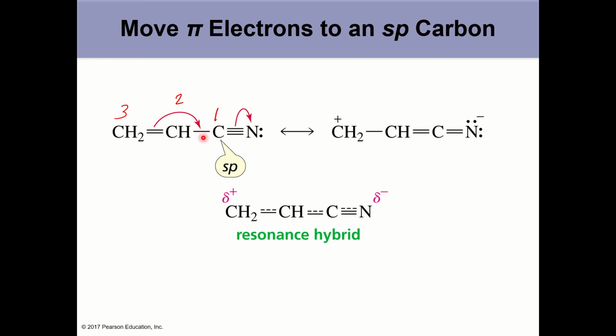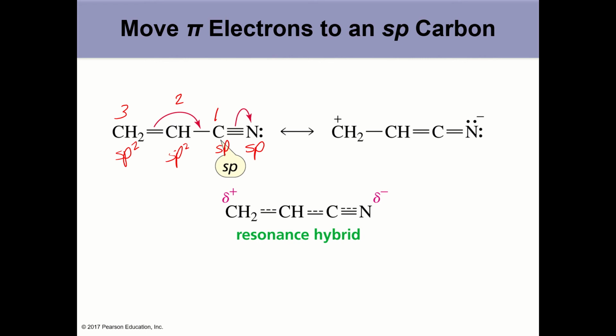Once we move the pi bond to between carbon 1 and 2, carbon 1 will exceed an octet unless we move the pi bond between carbon and nitrogen to the nitrogen. So we have an sp3 carbon at sp2, so hybridization sp2, sp2, sp, and sp.